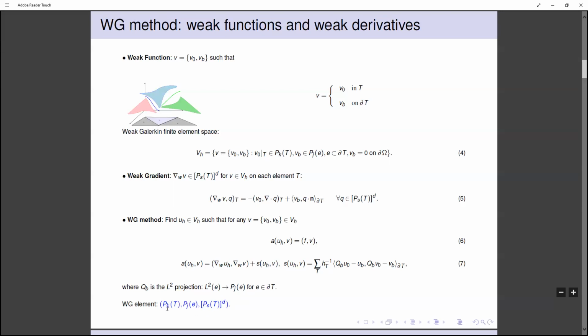So as you can see, the WG method is formed by two vector spaces. That's what we call the WG element, P_k(T), P_j(E), and P_s(T) to the d power. The first one is a polynomial to approximate v0. The second one is to approximate vb. The third one is to approximate the weak gradient.